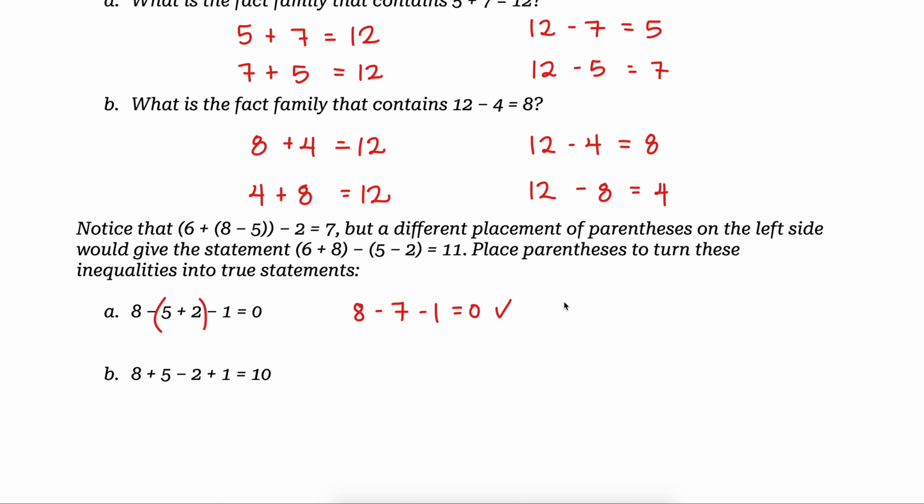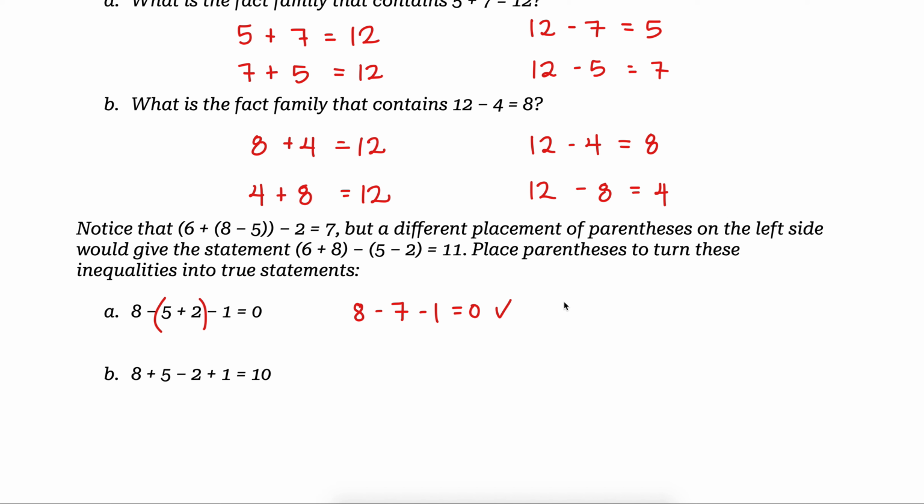So our second one, we have the same four numbers on the left, the 8, 5, 2, and 1, but the signs are slightly different. And this time we want them to equal 10. So you can play around with your parentheses here. If you want to try this on your own, you can hit pause and come back to it.